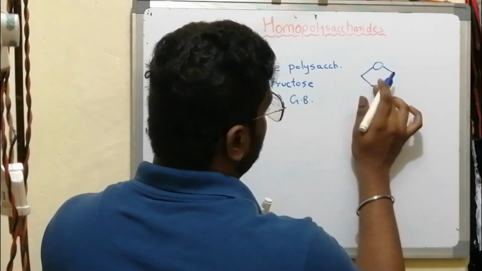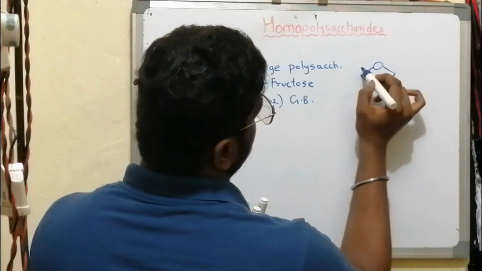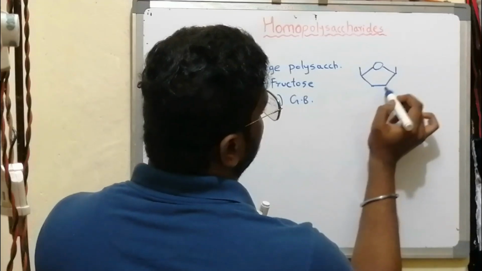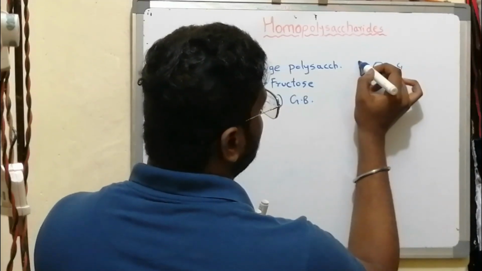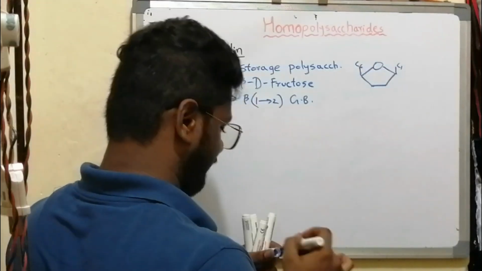Fructose is a 5-ring structure but 6 carbons. How is it possible? Because the tailing chains will be at 2 positions. The C1 will also be tailing, and C6 will also be tailing here.